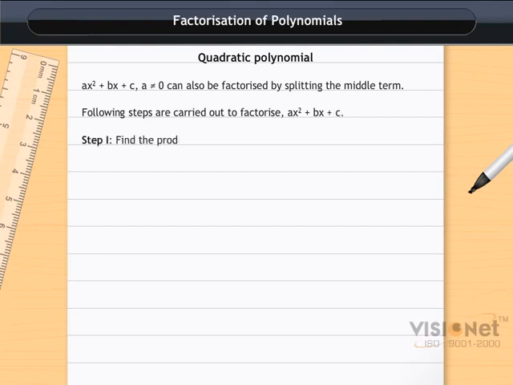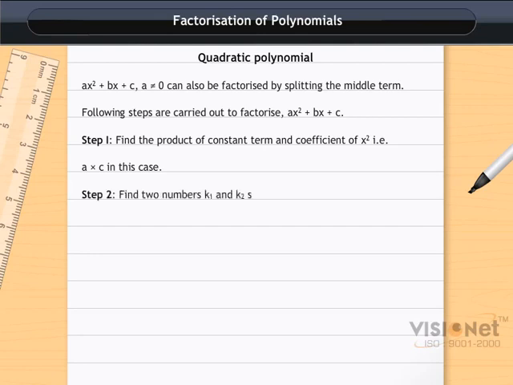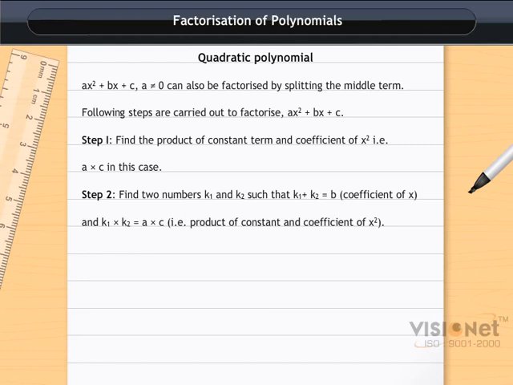Step 1. Find the product of constant term and coefficient of x square, that is a into c in this case. Step 2. Find two numbers k1 and k2 such that k1 plus k2 is equal to b, coefficient of x, and k1 into k2 is equal to a into c, that is the product of constant and coefficient of x square.